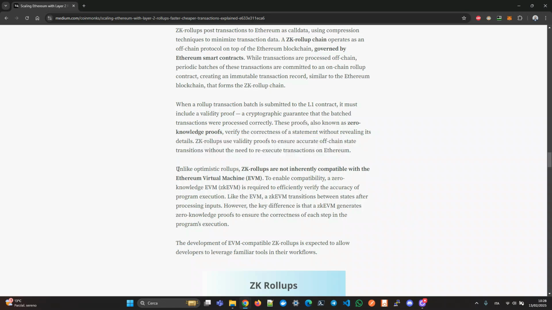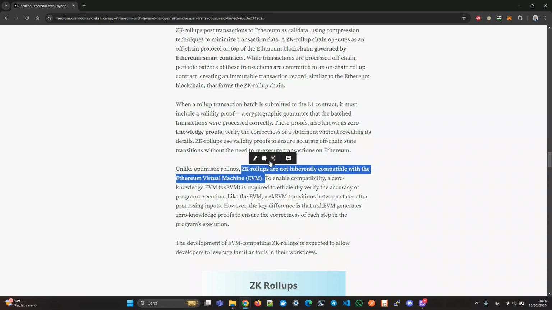This is an important point for us developers. Unlike optimistic rollups, zero knowledge rollups are not inherently compatible with the Ethereum virtual machine. This means that the smart contracts that we have written for Ethereum in Solidity cannot be deployed on zero knowledge rollups because they have a different virtual machine.